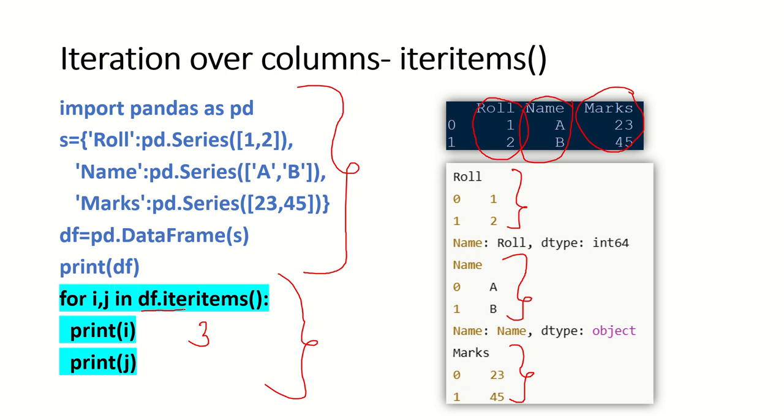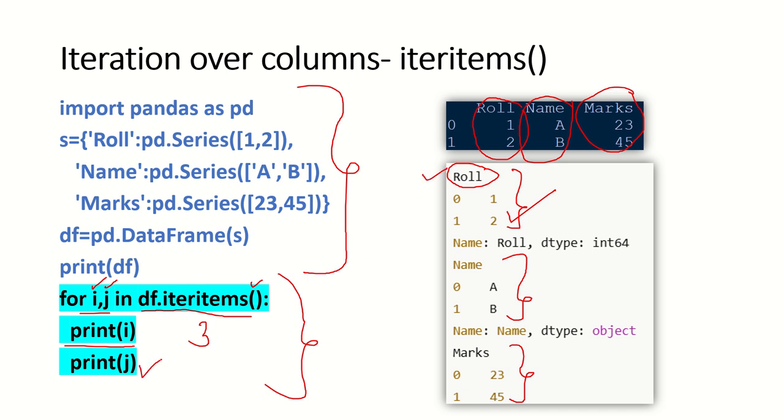So data frame dot iteritems along with the function brackets. Here too this function helps us retrieve two values. One is the name of the column, another is the values of the column. So i, j. When I print in the first iteration, i is printed, so roll gets displayed.